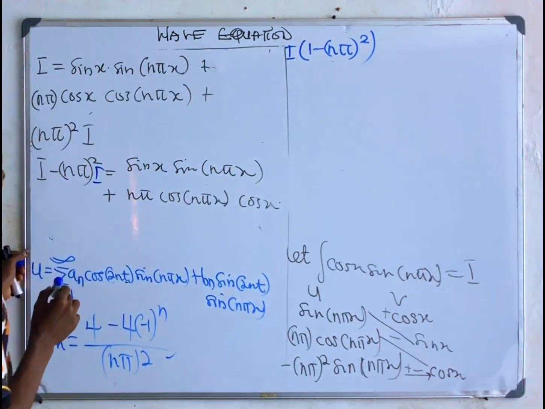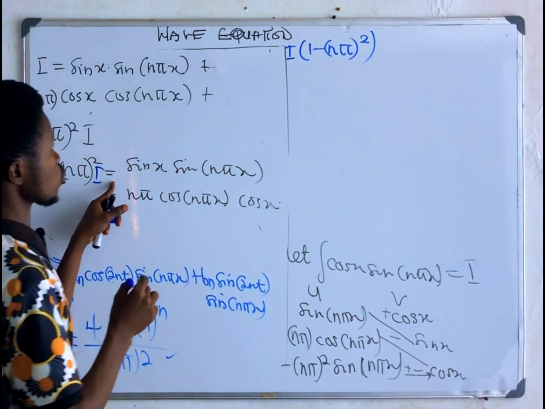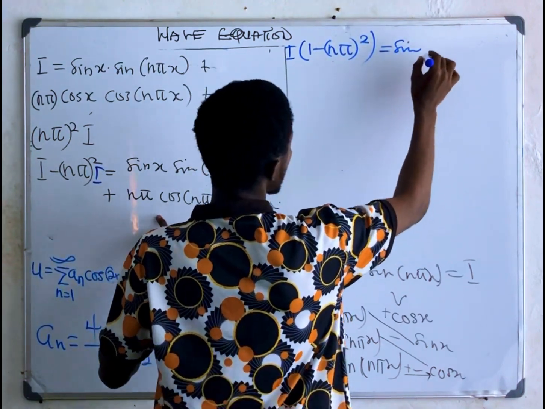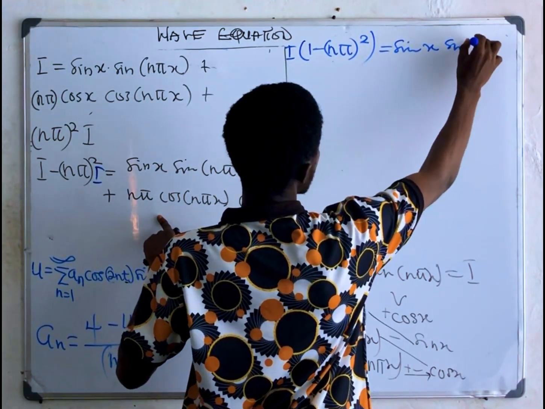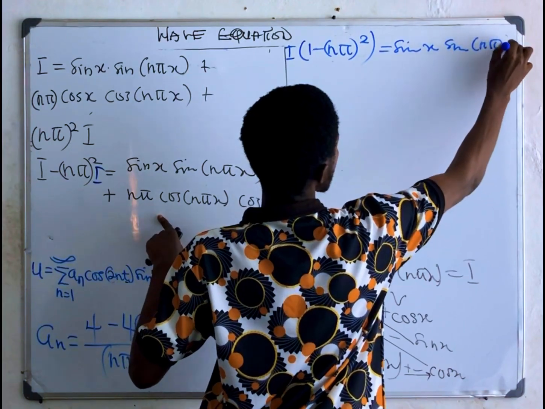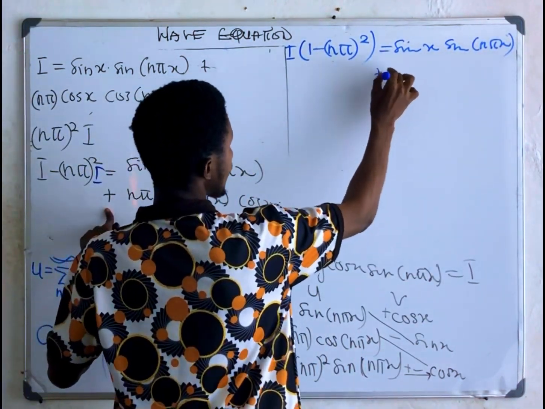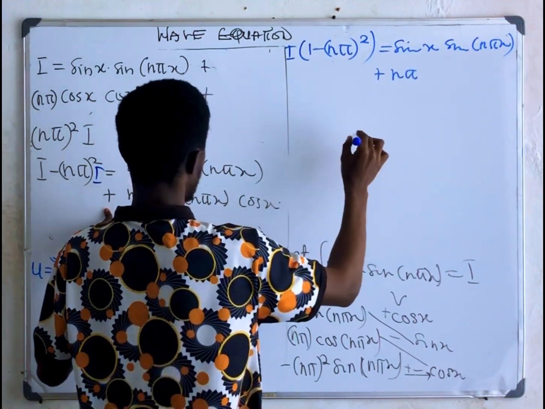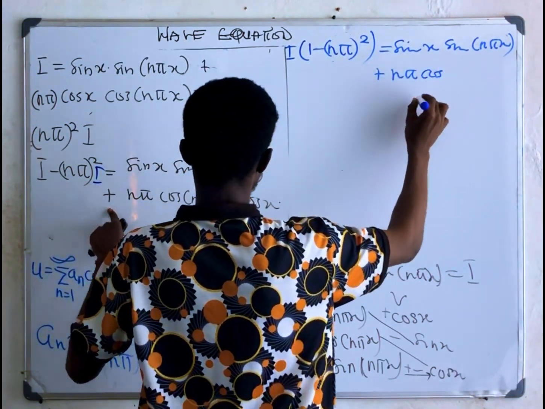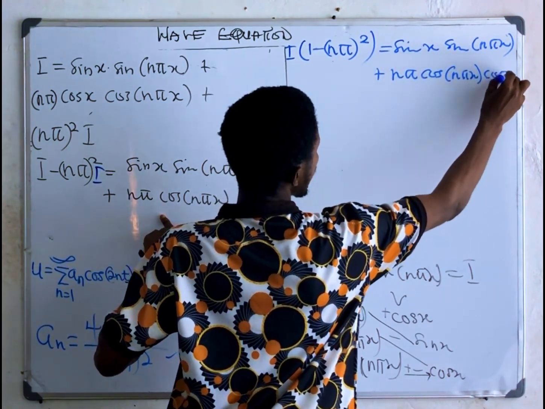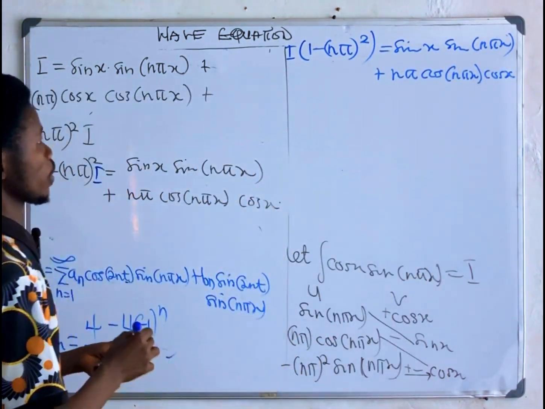This is what you have, right? Then it's equals to sine x sine n pi x plus n pi cos n pi x cos x. So this is what we have.